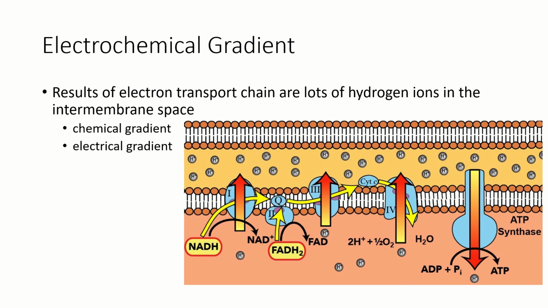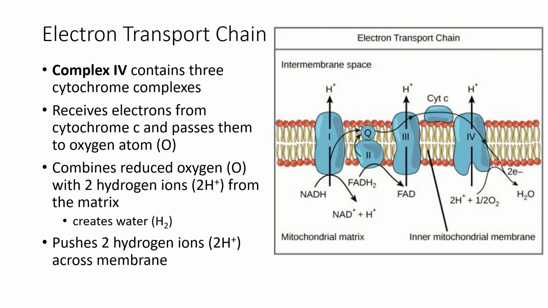How cool is that? So, to review, we've got 4 complexes that make up the electron transport chain. They push hydrogen ions or protons, because remember, once we've taken off the electron, all that's left is the proton and a neutron, and nobody cares about the neutron.